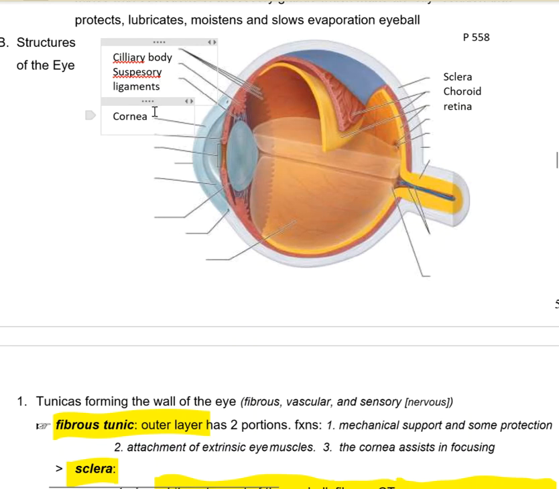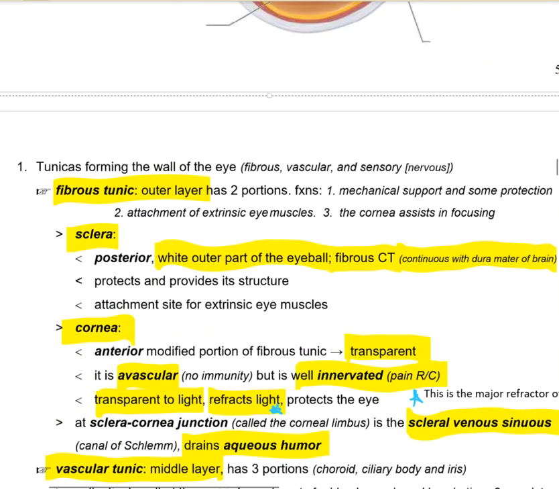Then below the suspensory ligaments and posterior to the cornea is the iris. We will look at that as well. And suspensory, I forgot an N, suspensory ligaments. Okay, let's go through those next.